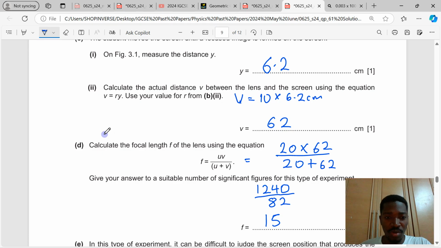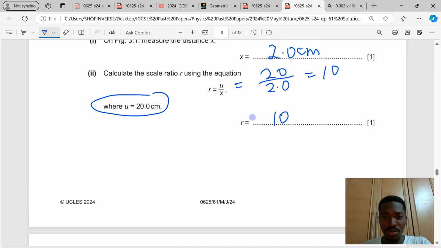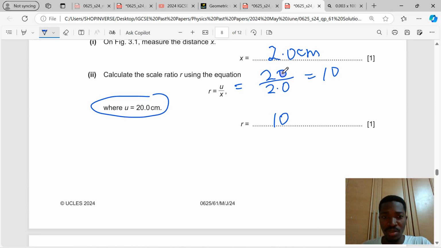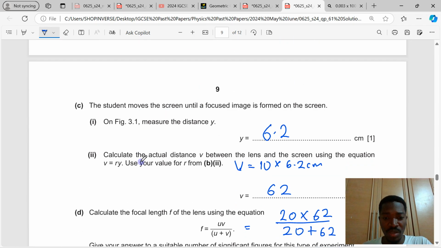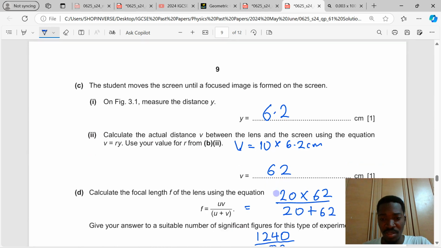The next question is to calculate the focal length f of the lens using the equation. This is the formula we use to calculate focal length: f equals uv divided by u plus v. What is our u? We were given u as 20 centimeters, the object distance. And we calculated our v as 62 centimeters.